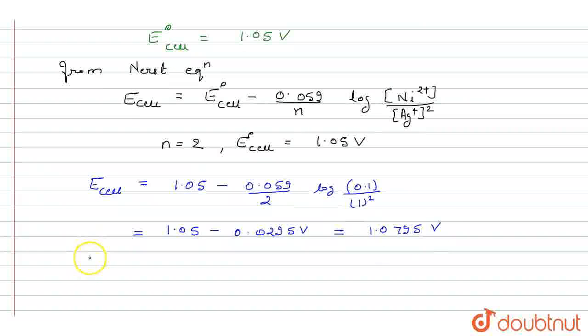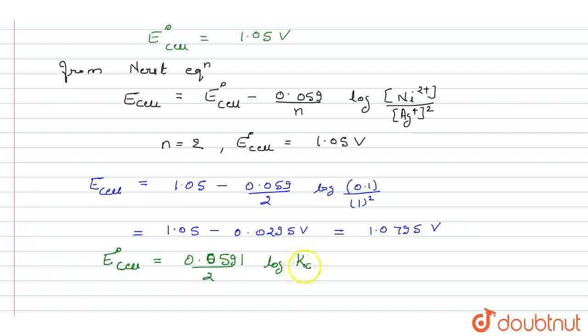According to the question, we have to find the value of work done. To find it, we use the value of E naught cell and equate it with 0.0591 divided by 2 log of Kc.